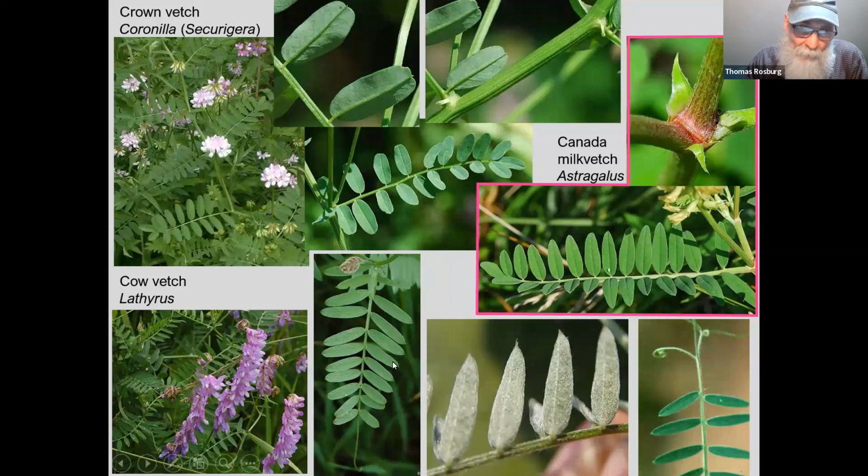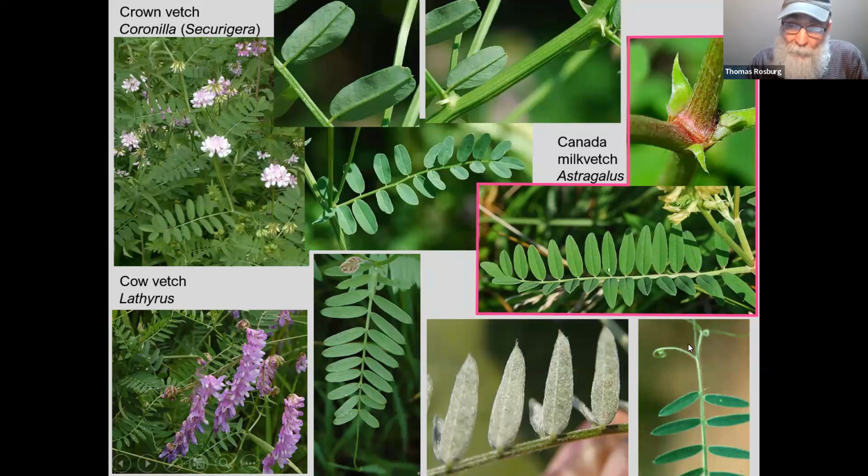This compound leaf here, the end of the rachis, this is the rachis, the central part of the compound leaf, the end of the rachis continues on and forms a tendril. A tendril is a structure that wraps around things and hangs on to things to help the plant be a vine.